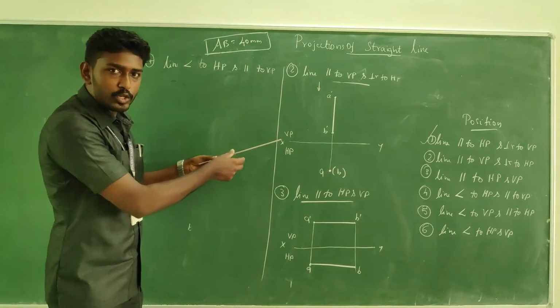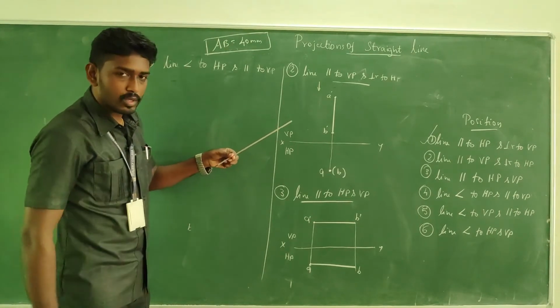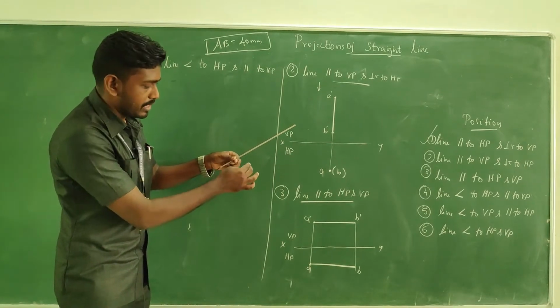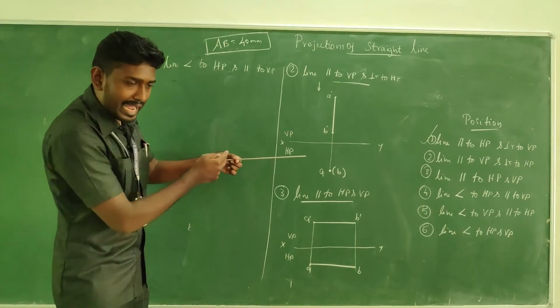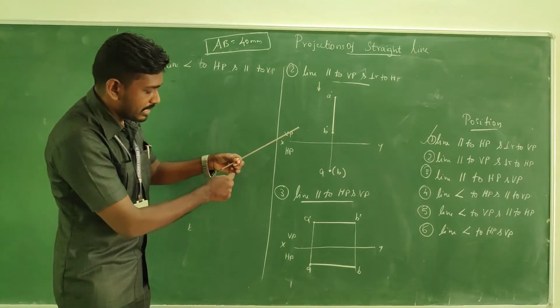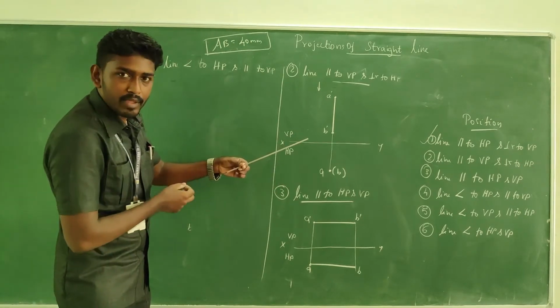So it is inclined to HP. If I keep it like this, what is happening with the horizontal plane? It is parallel. If I keep it like this, what is happening? It is making some inclination with the HP plane. So this is the position.